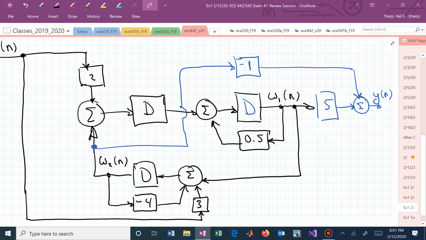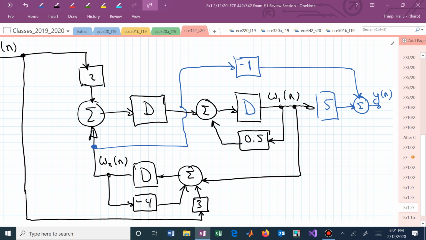Now the state space representation, I might have many different ones, because how do you build a state space representation from this block diagram? Every time you see a delay coming out, that's like an x event. So every output of every delay block is a state variable component.